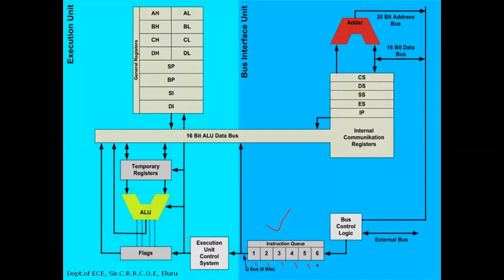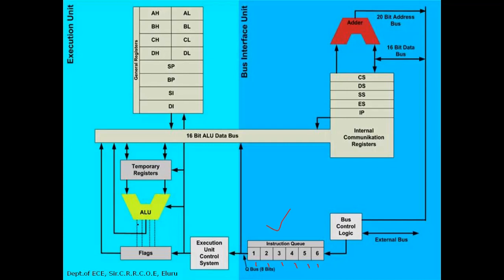The bus interfacing unit fetches the instruction codes and data of the program, and they will be placed in this instruction queue. The execution unit receives those instruction codes and data from the instruction queue and executes them.